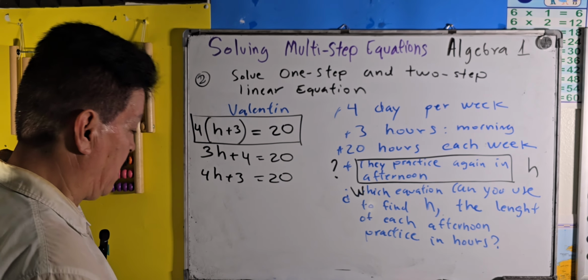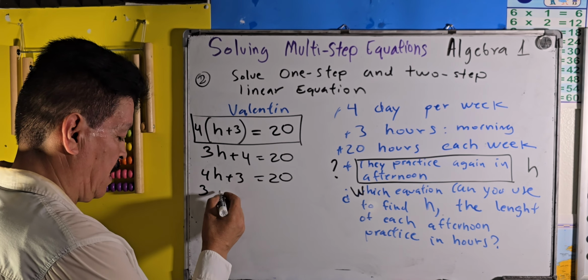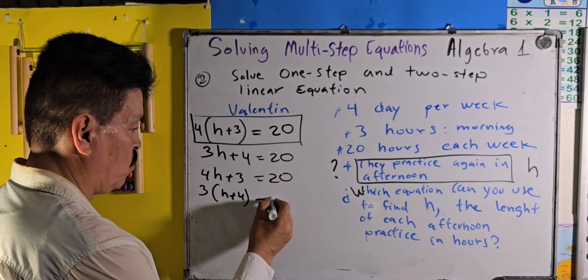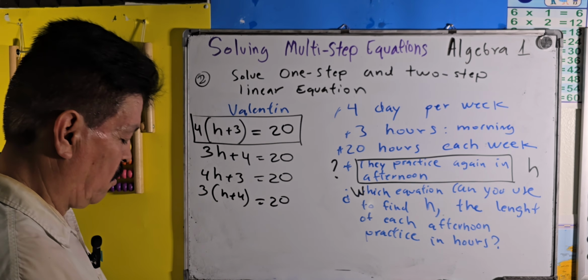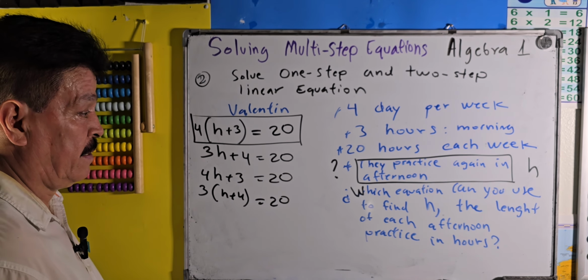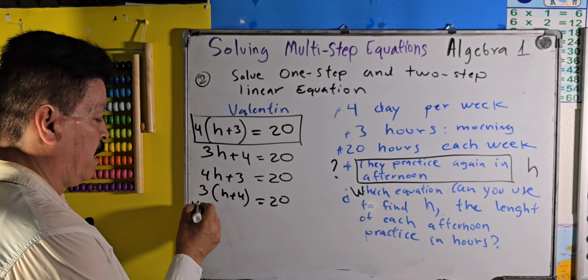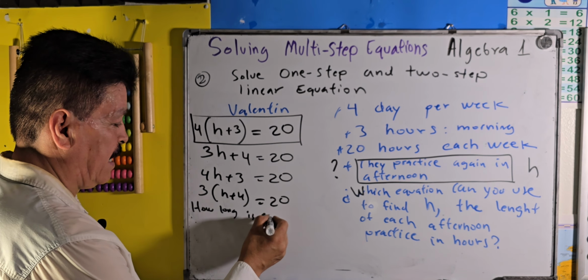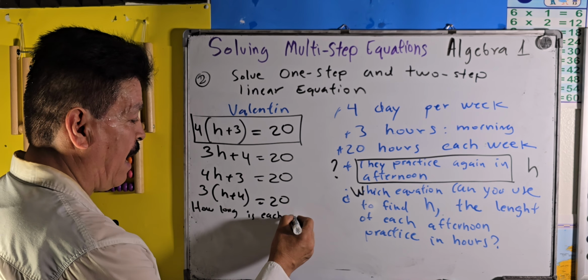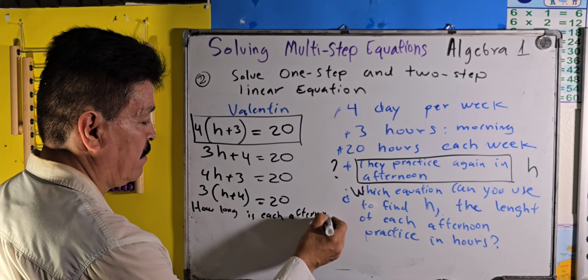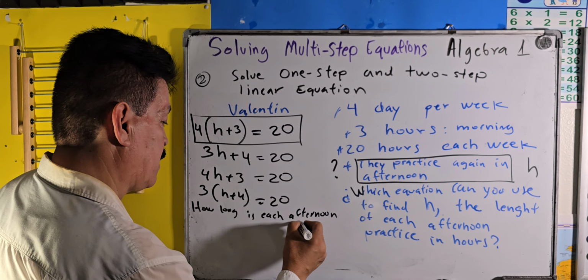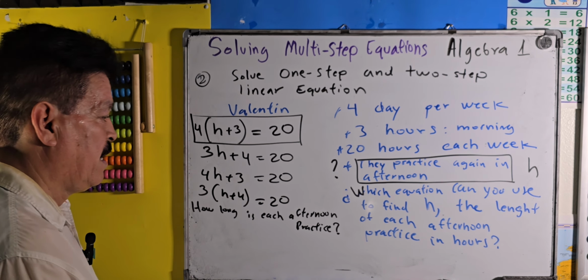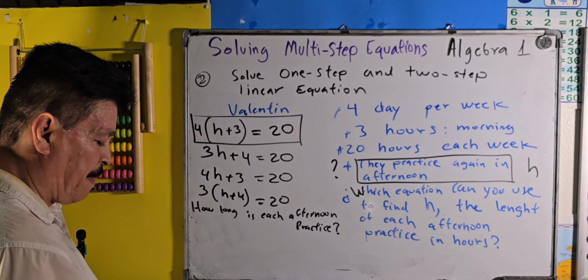So then we have, look at this, 4 times (h plus 3) equals 20. So how long is each afternoon practice? That's the question, right? Look at my data.